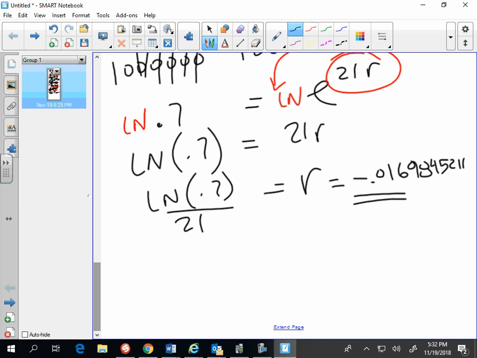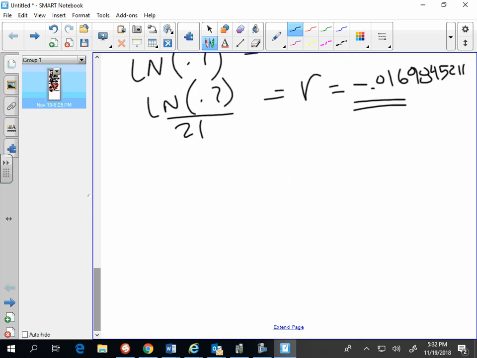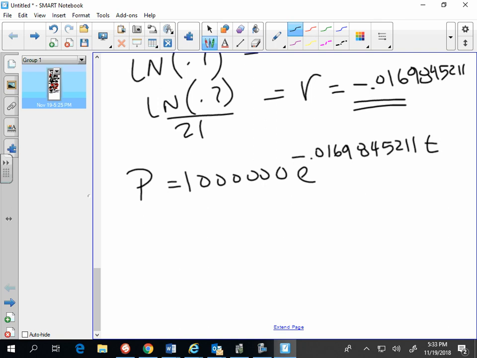The negative is what tells me that the population of Detroit is decreasing. If I build my Detroit population model, P equals 1 million e to the negative 0.016984521 t. And now I'm ready to answer the question.